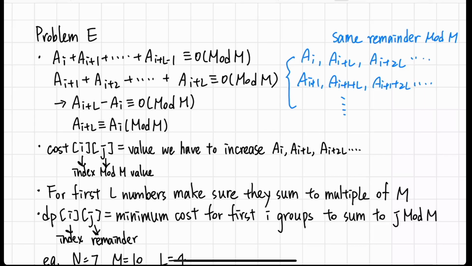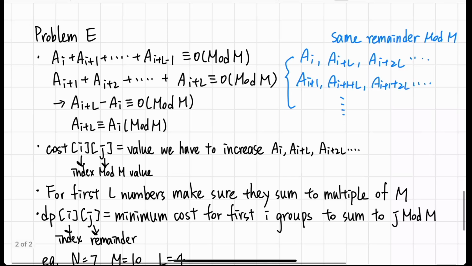And cost IJ represents the value we will have to increase this current group by, to ensure that all values in this group, which are AI, A(I+L), A(I+2L), and so on, have the same remainder J when divided by M. So cost IJ stores the cost of ensuring that this group satisfies this constraint.